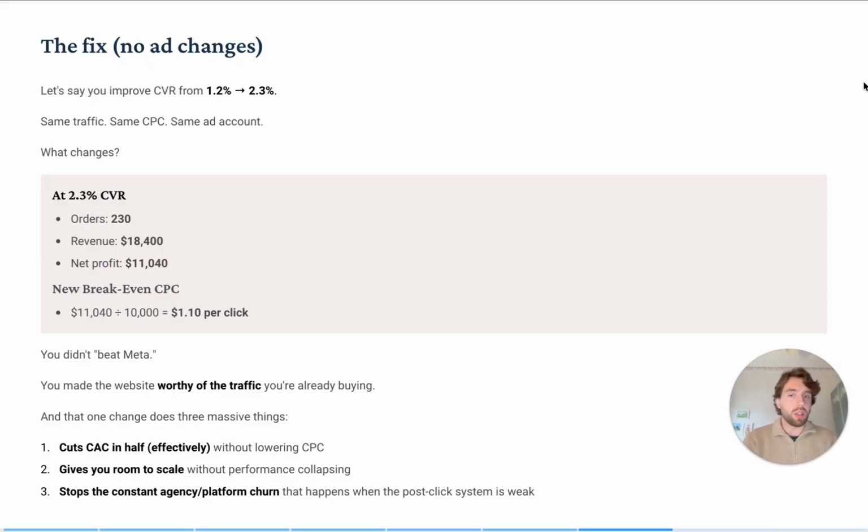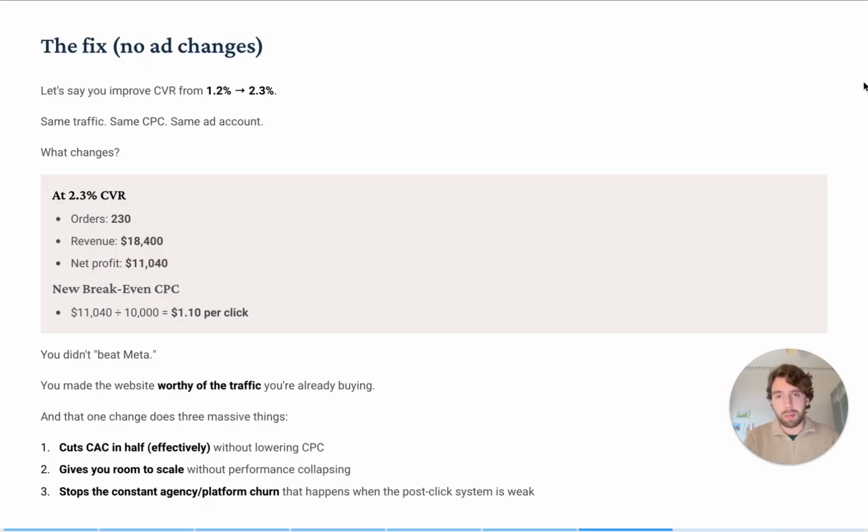All of a sudden, if you were sitting at a 60 or 70 cent CPC, or even 80, and you were losing money on the front end, acquiring customers at a loss at first and then recouping the money later down the line from the LTV, all of a sudden you're making money on the front end, and you can increase the budgets.